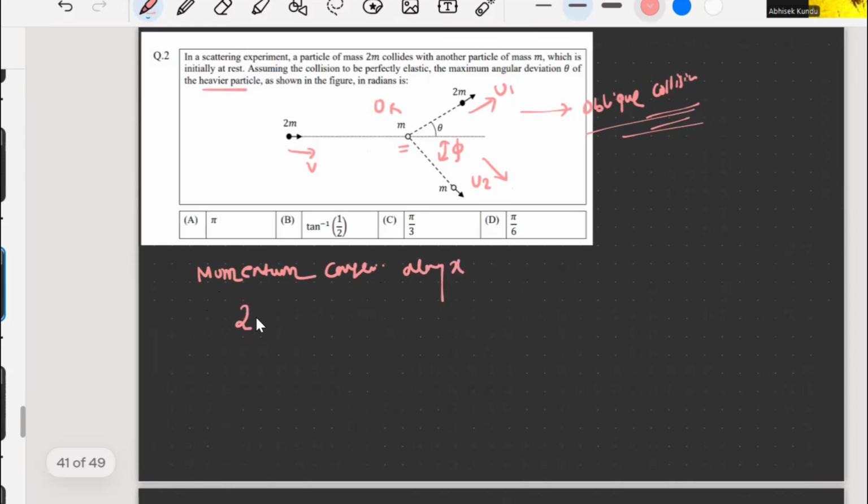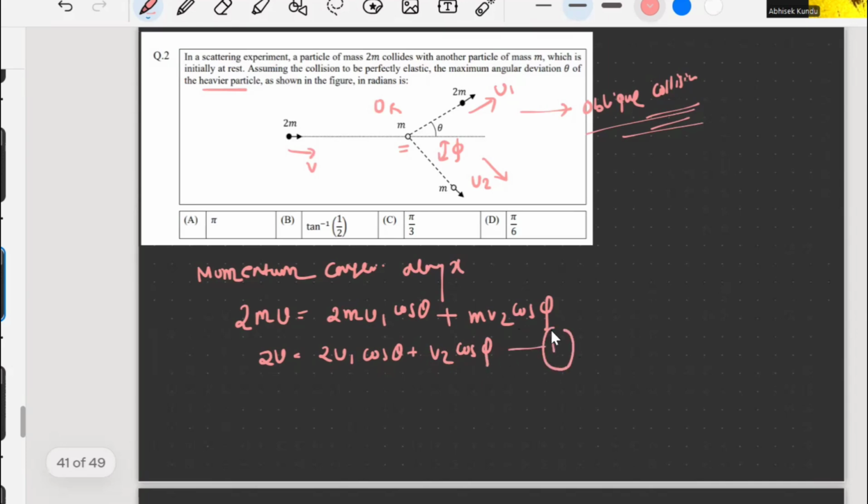So initial momentum 2 into m into v is going to be equal to 2 into m into v1 cos theta plus m into v2 into cos phi. You can simplify it: 2v equals 2v1 cos theta plus v2 cos phi. Equation number 1.